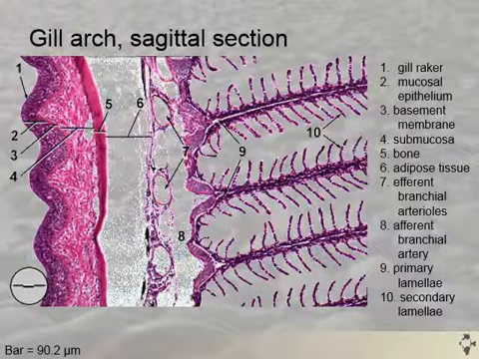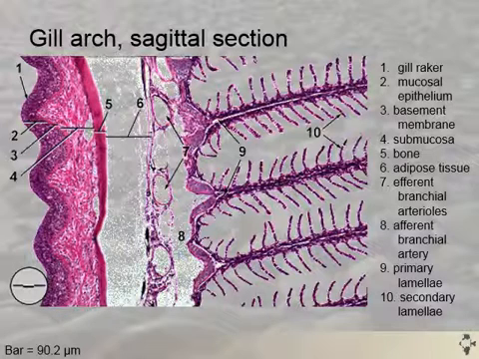This is primarily structural, as is number 4, the submucosa, the bone, which is shown there, number 5. 6 includes a little bit of adipose tissue. Again, most of what's on the left-hand side here is, I don't want to say non-functional, but it's not directly involved in respiration. The respiratory elements are on the right-hand side of the figure here.